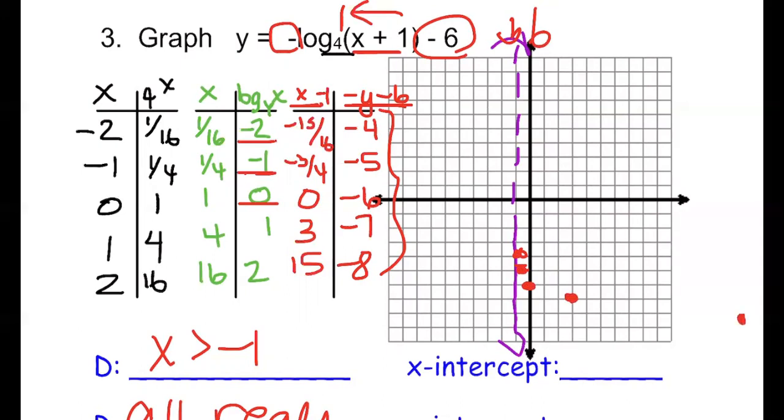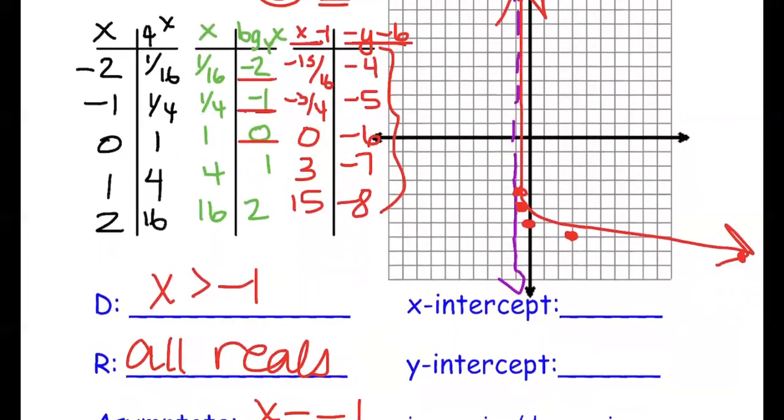So that's way down there. And if I graph things, I go along my asymptote and I'll go through my points. Because you're a base of 4, I'd say you're an increasing graph, but this -1 did flip you top to bottom.